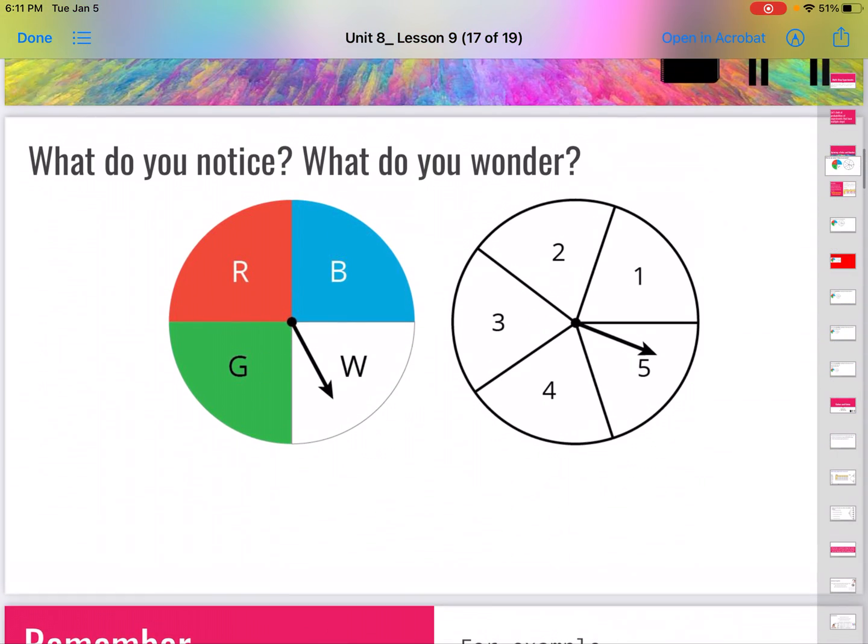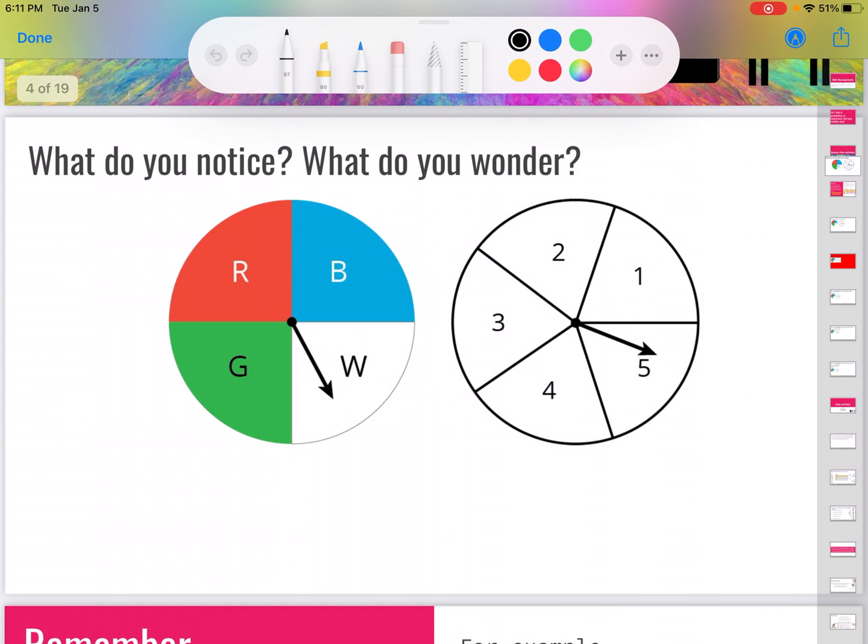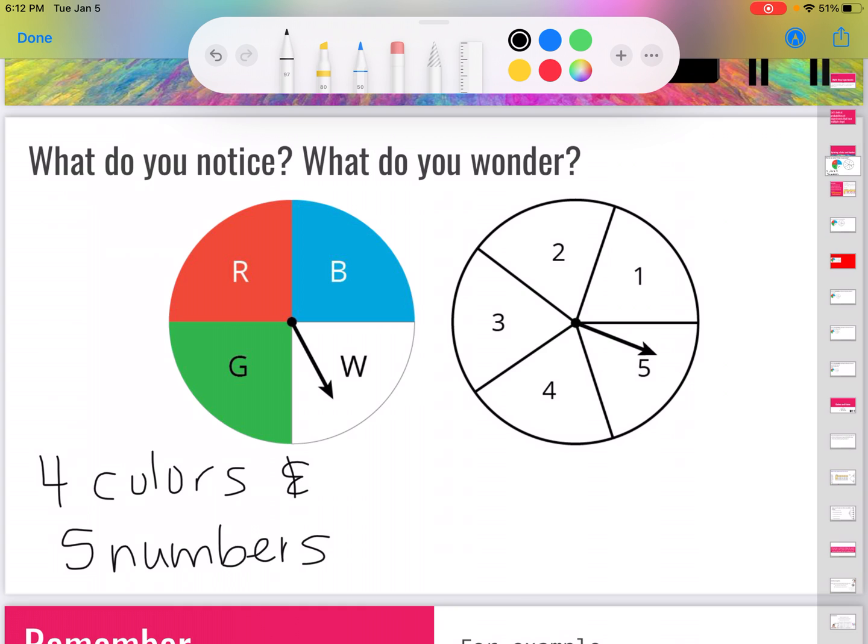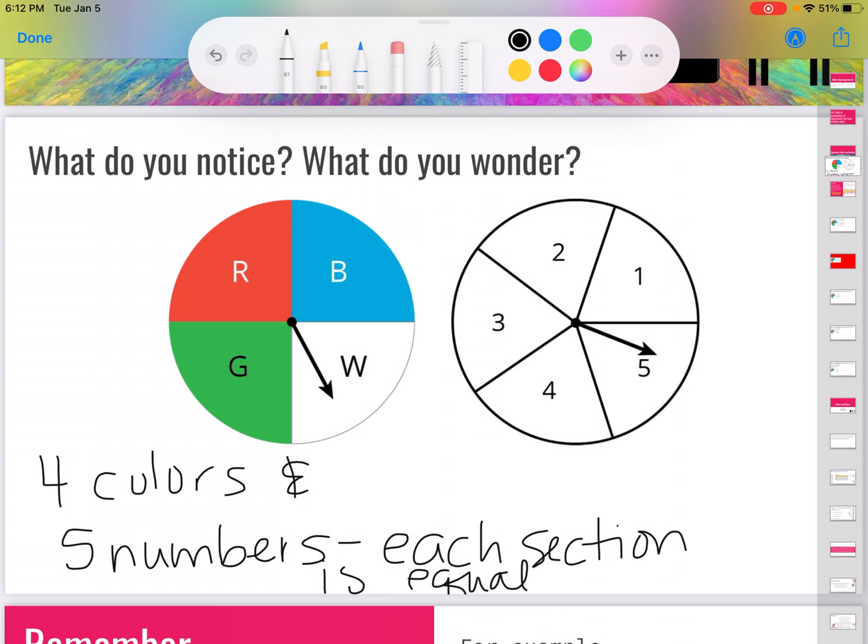Okay, so what do I notice? I notice there are 4 colors and 5 numbers. Each section is equal. What do I wonder?